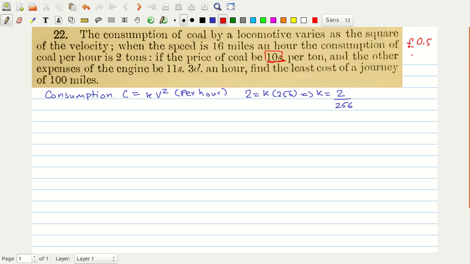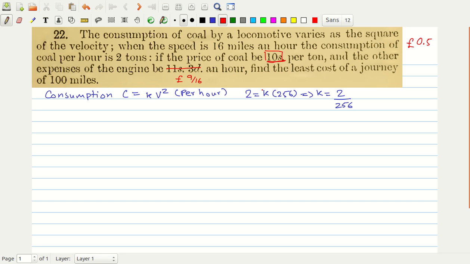So this is the price of the coal, and for the other expenses of the engine, instead of 11 shillings and 3 pence, we will use pound 9 by 16.